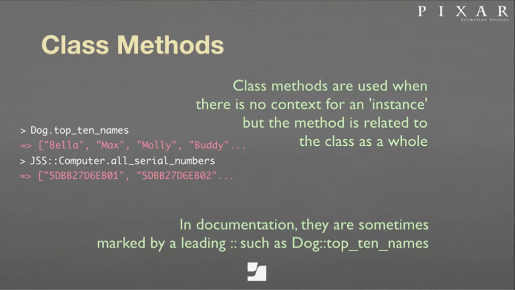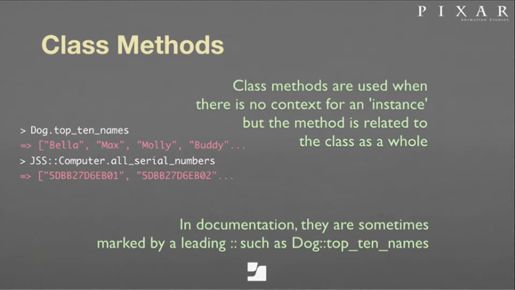So for example, the dog class has a top_10_names method, and it returns an array of the top 10 dog names that I looked up on some website last week. And you'll see the top 10 names doesn't apply to any individual dog, but it does apply to the whole concept of dogs. So that's why it is a class method.